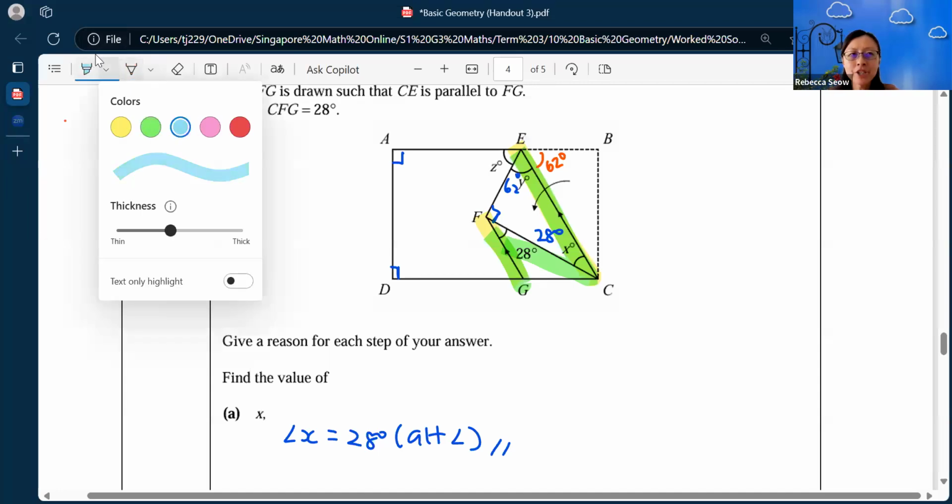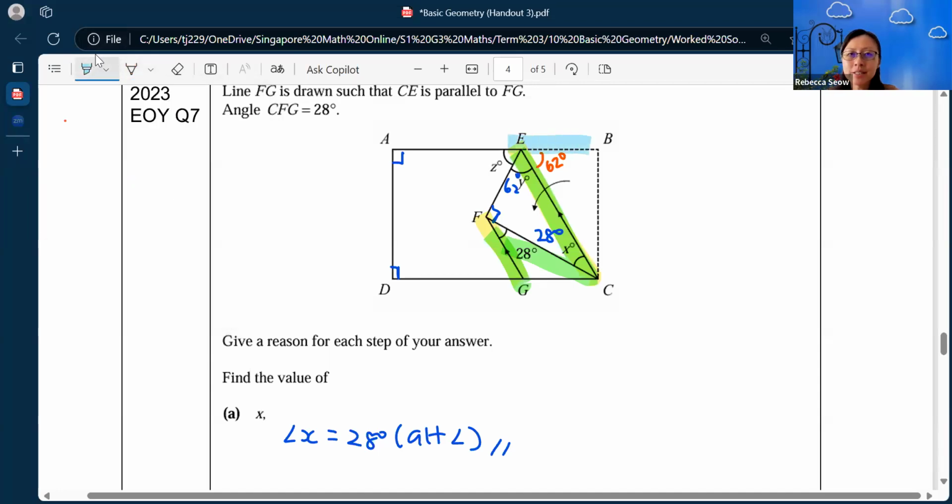Furthermore, one more observation is that this is also a straight line, which means that these three angles are adjacent angles on a straight line.